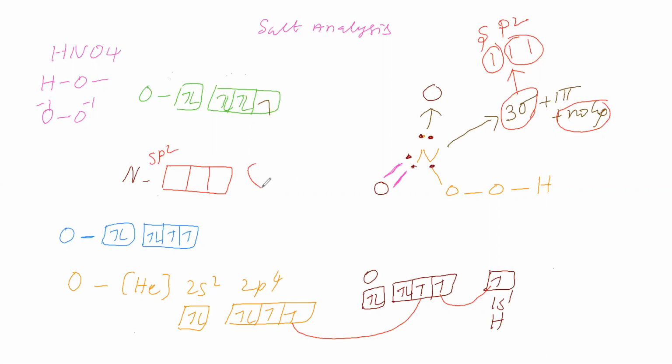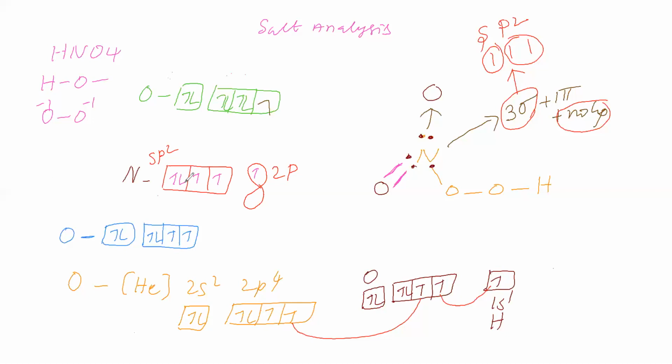One p orbital has not gone for intermixing, that is the pure p orbital. Now the nitrogen valence shell is having 5 electrons. Those 5 electrons are filled as 1, 2, 3, 4 and 5, in order to make a lone pair. Now we will give the bonding.